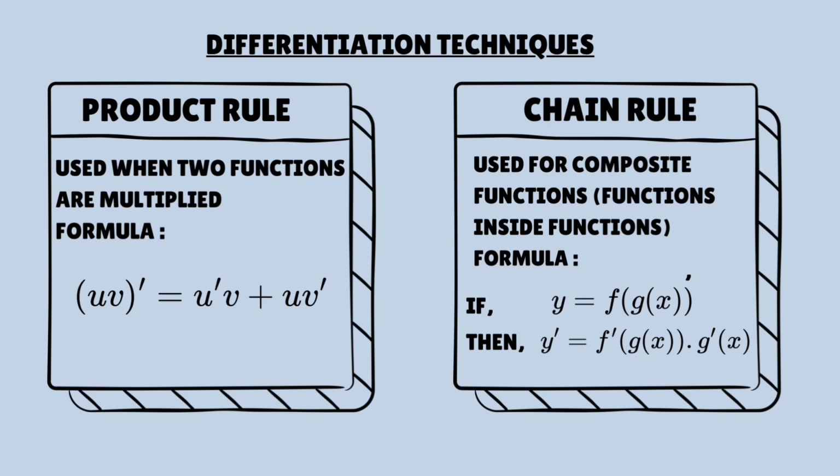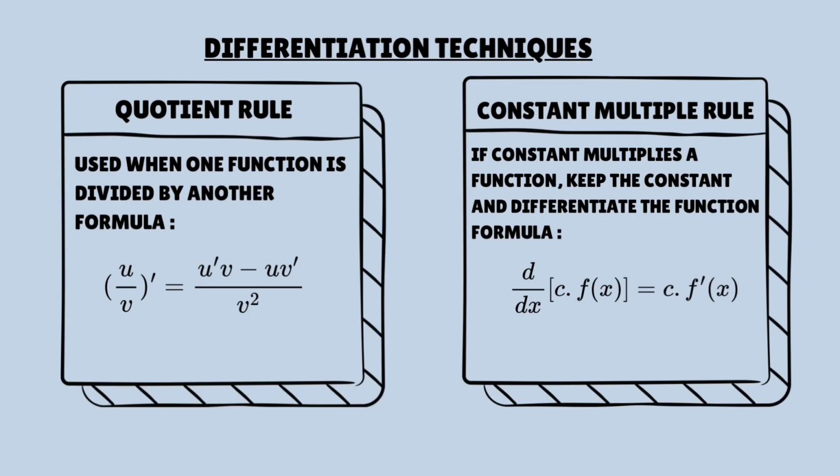Then, chain rule. The chain rule is used for a composite function, a function inside a function. Next, quotient rule. The quotient rule is used when one function is divided by another. Lastly, constant multiple rule. If a constant multiplies a function, keep the constant and differentiate the function.